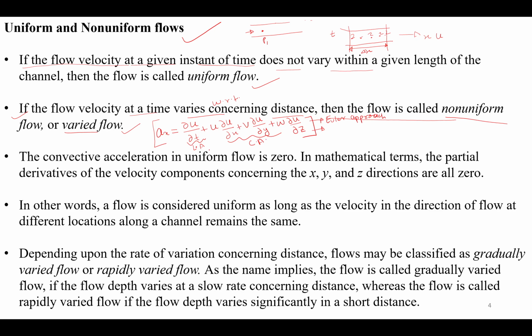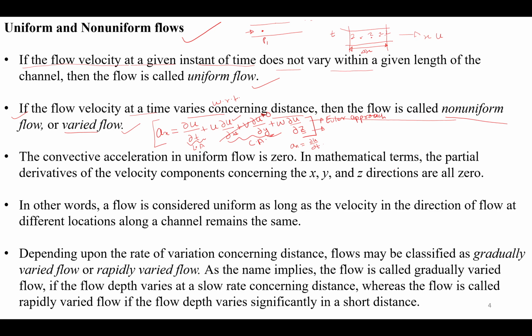So the convective acceleration in uniform flow is zero. Why is it zero? Because the change in velocity with respect to distance is zero. If the change in velocity with respect to distance is zero, the acceleration in case of uniform flow is only du by dt.